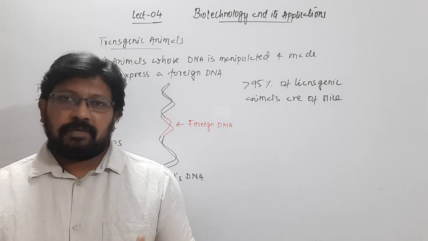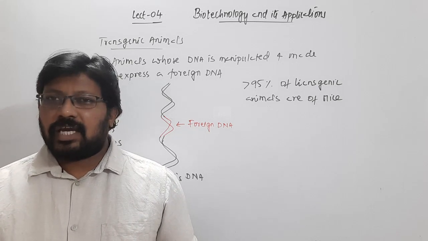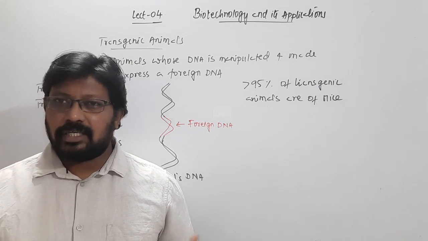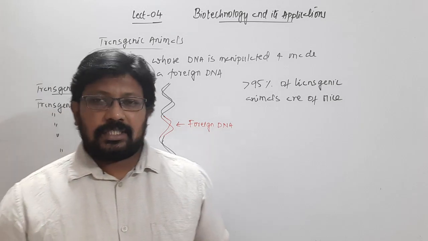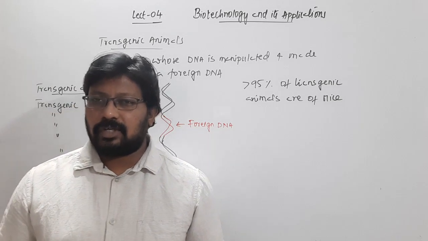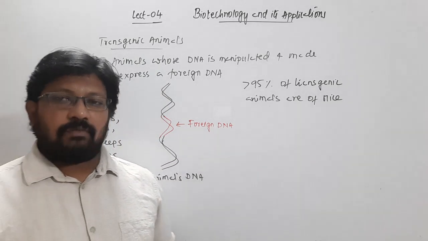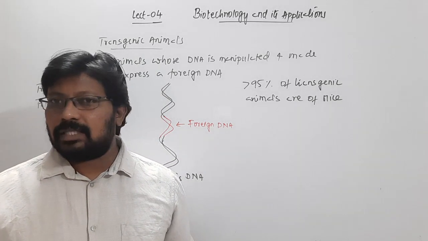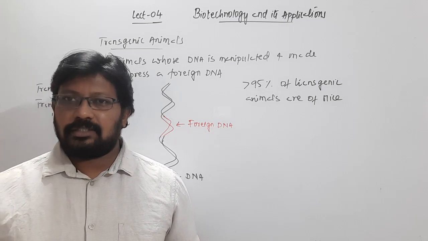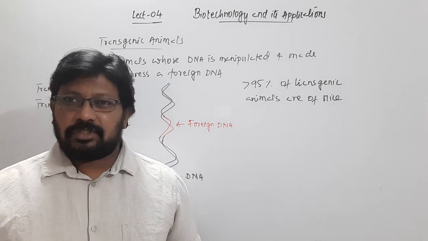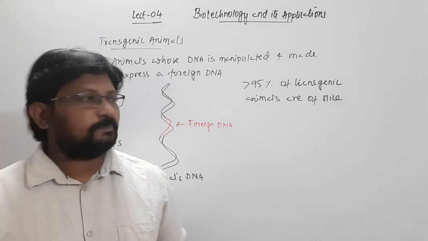You may be hearing about first trial, second trial, that is all the clinical trials. Before releasing those vaccines, they need to see whether they are working perfectly or not, otherwise they will not be released into the market, and they have to start the research all over again, right?